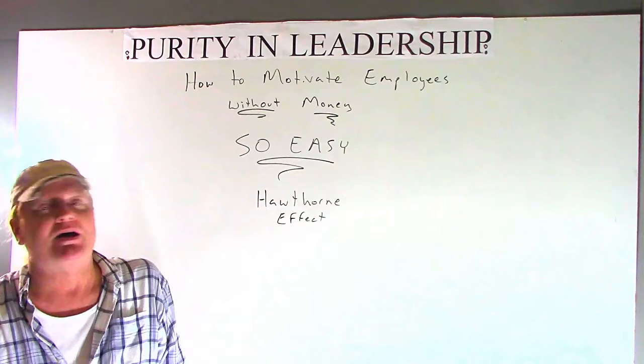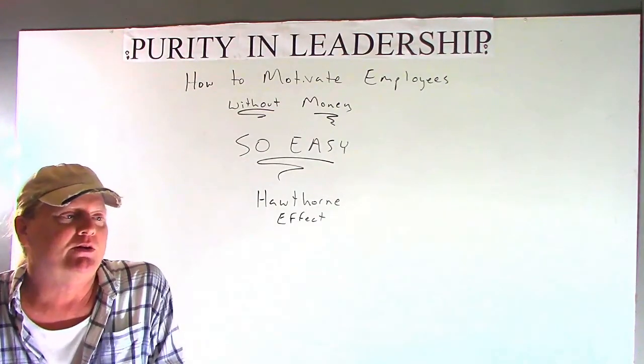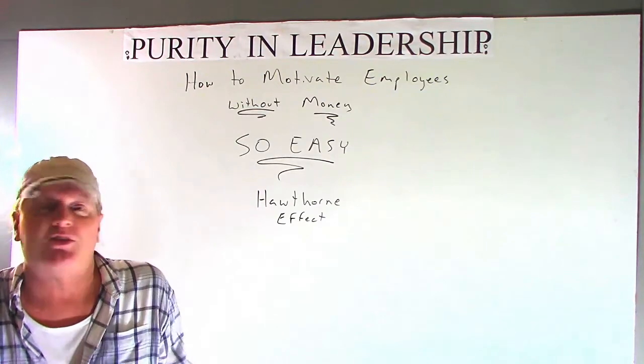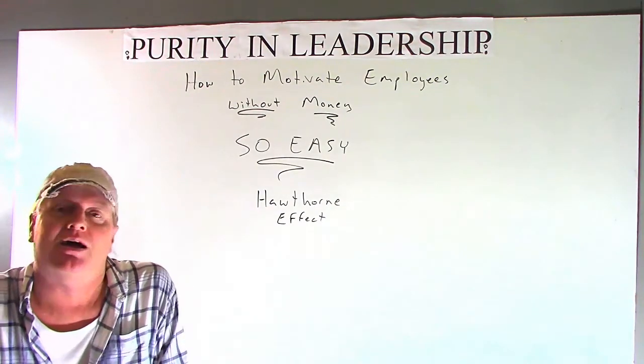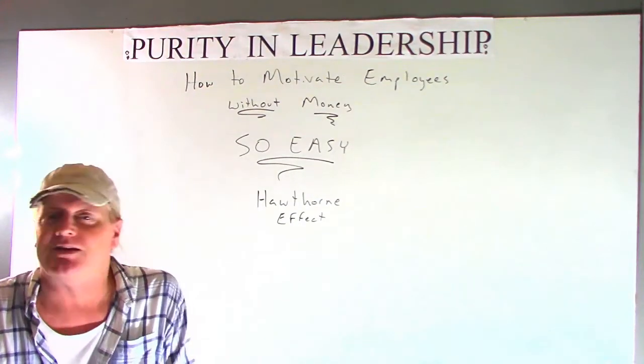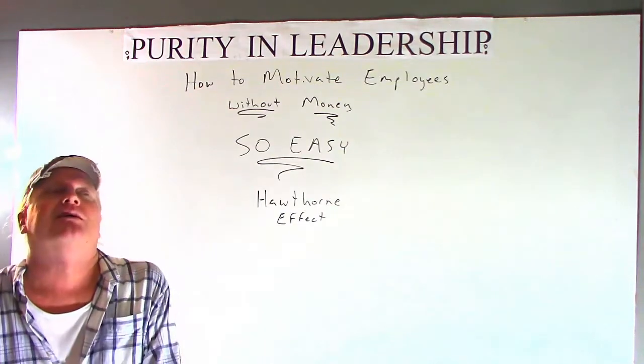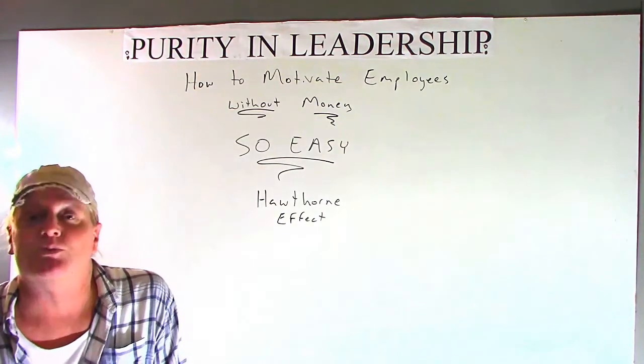So you can imagine the researchers, if they were talking to the women, on the third trip: Hey, how's it going? Are you doing okay? You look lovely today. You're such nice women. Would you like more light? They said, yes, we would like more light.